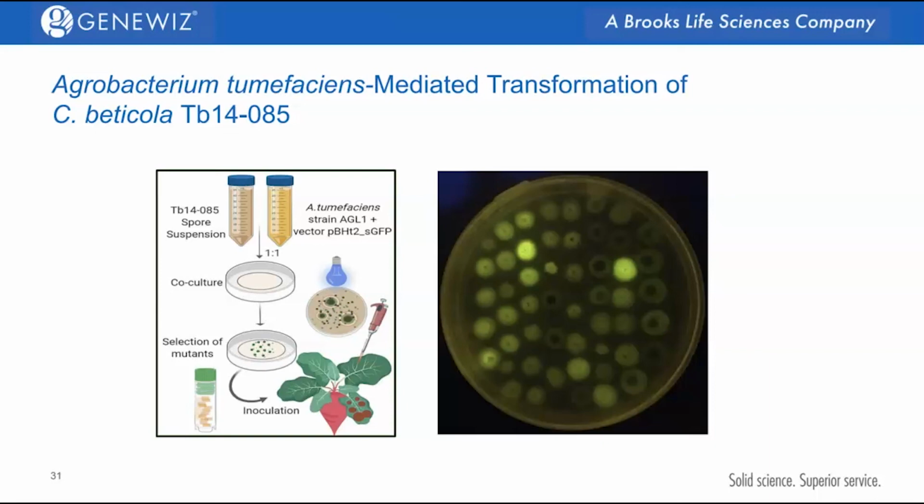So on the right, you can see the colonies of fungus that were actually selected for this screen. You can see they are fluorescing colonies, and that plate actually contains the hygromycin antibiotic, and you can select for downstream analyses. And then I took these strains from transformation and inoculated them onto beet plants and looked at whether they were able to cause disease or not.